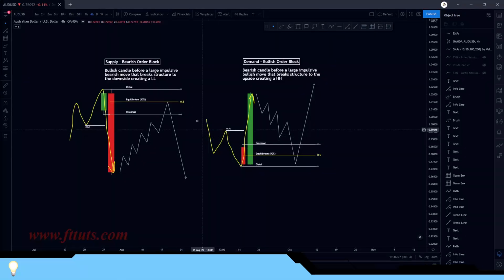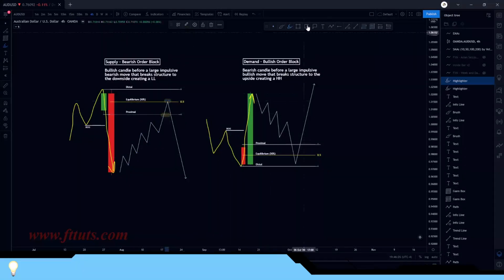So your entries can be based on the proximal and equilibrium, whereas your stop loss will be based on the distal line, factoring in a few extra pips for spreads and slippage, usually 2 pips above it or 2 pips below, depending if it's a supply or a demand area.